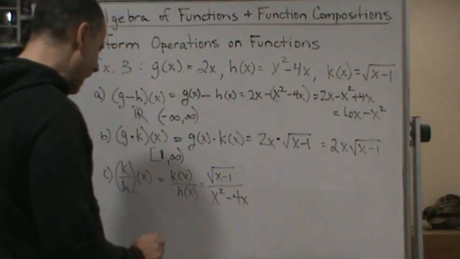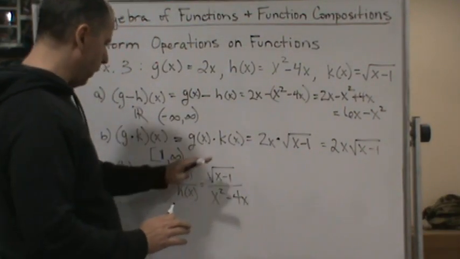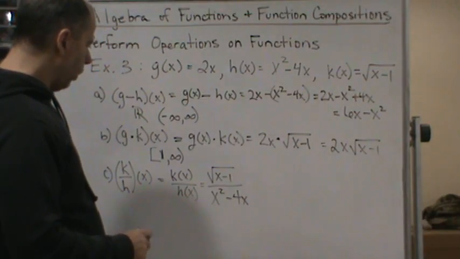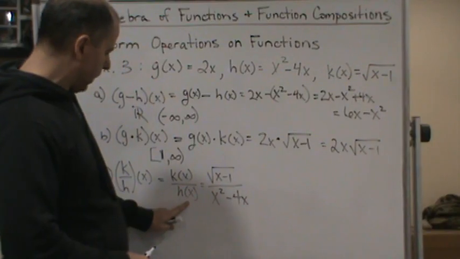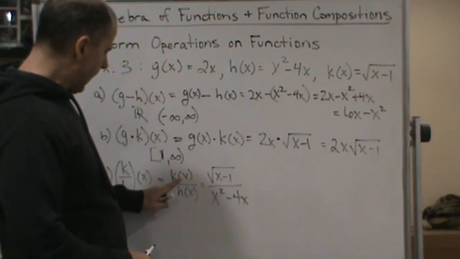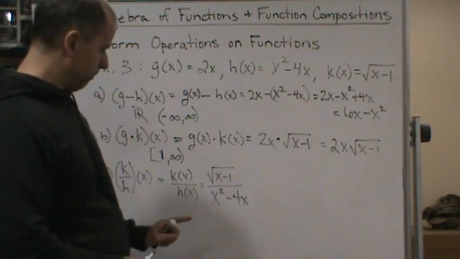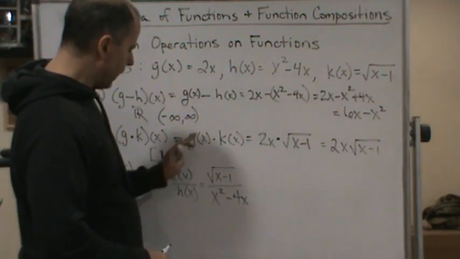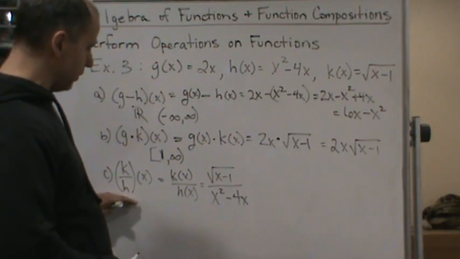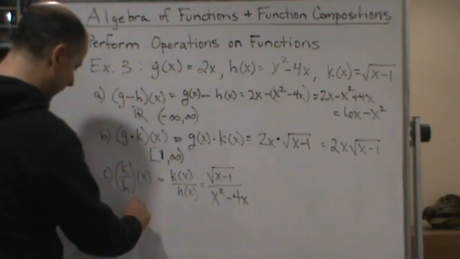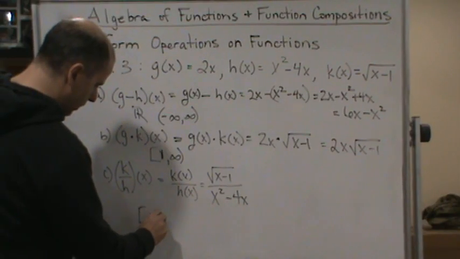Now, if we look at the domain of both of these, what are we going to get? Well, just like before, h of x is all real numbers, and k has the domain of everything equal to or greater than 1. So right away we know the intersection is going to be the bracket 1 to positive infinity.